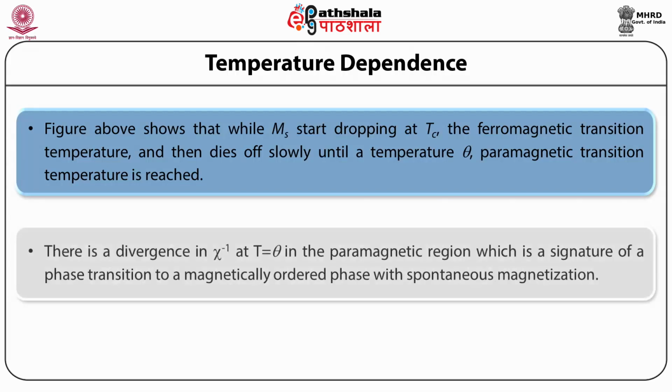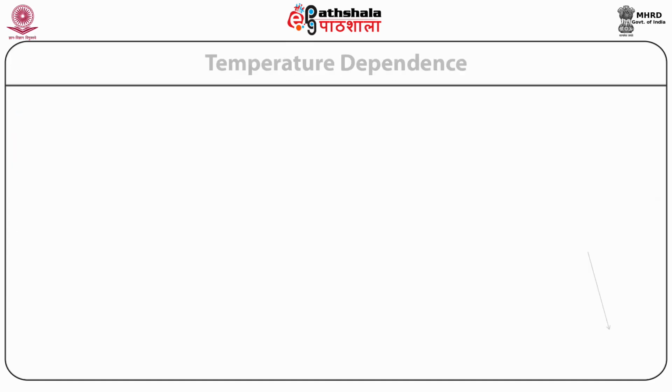Now, there is a divergence in susceptibility inverse at T equal to theta in the paramagnetic region, which is a signature of a phase transition to a magnetically ordered phase with spontaneous magnetization.